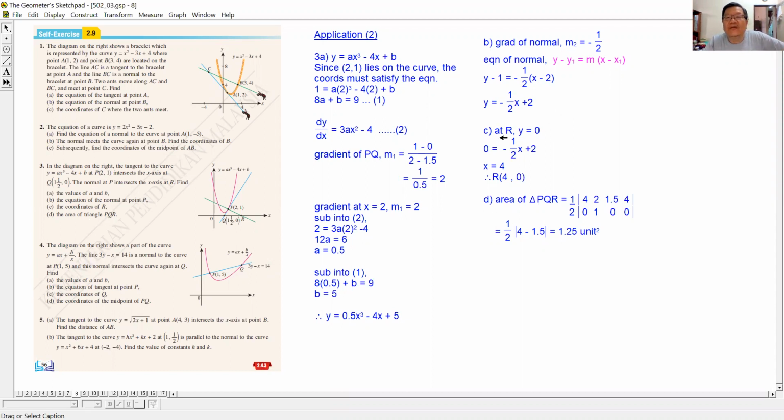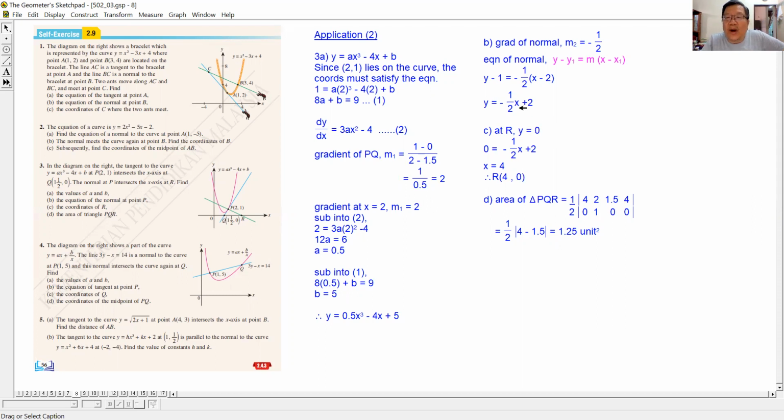Then you want to find the coordinate of R. Now if you look at the diagram here, R is a point on the x-axis, and it is also a point on the normal. So you use the normal and the x-axis, you can find the coordinate of R. Now at R, on the x-axis, y is 0.